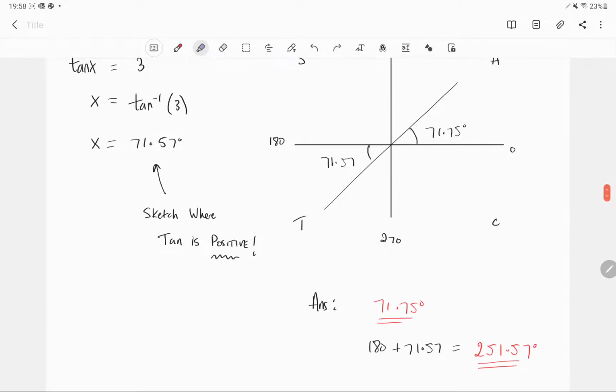Then let's start from 0 and go anti-clockwise until we get to our first angle. So our first angle is 71.57 itself. Then back to 0 and follow it all the way around past 90, past 180 to here. So we add 71.57 to 180, and our second angle is 251.57.